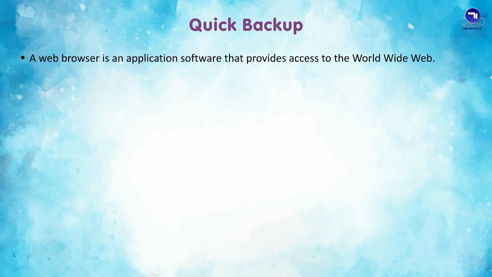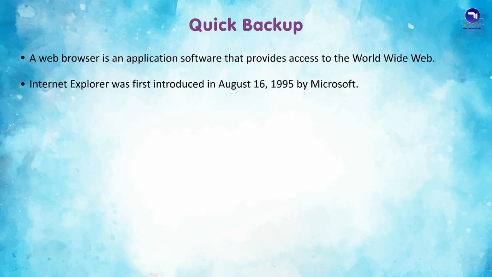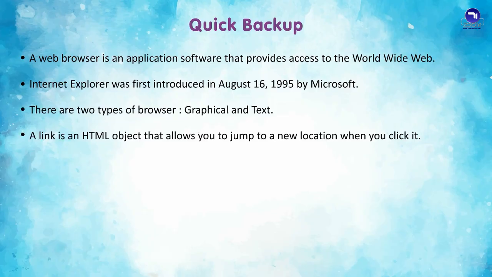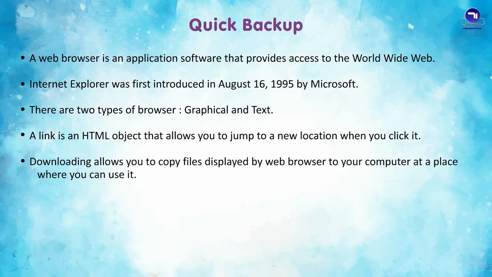Quick backup. A web browser is an application software that provides access to the World Wide Web. Internet Explorer was first introduced on August 16, 1995 by Microsoft. There are two types of browser, graphical and text. A link is an HTML object that allows you to jump to a new location when you click it.